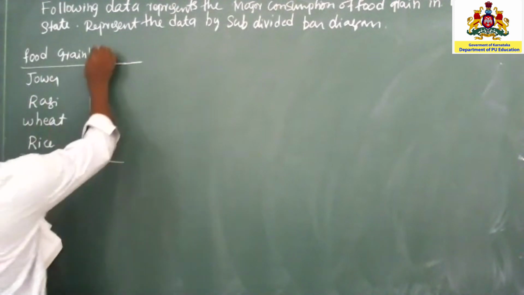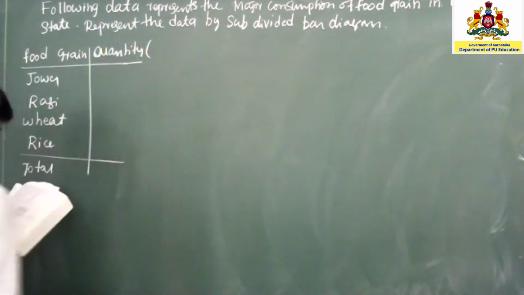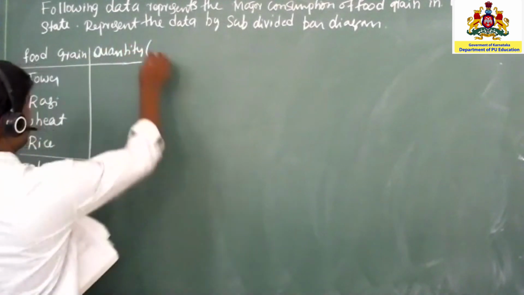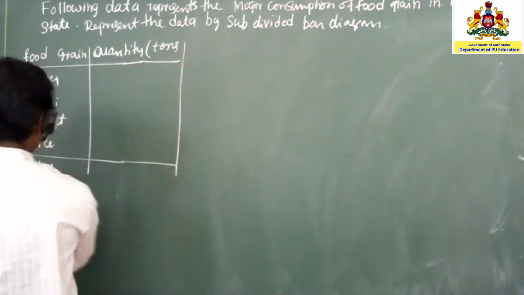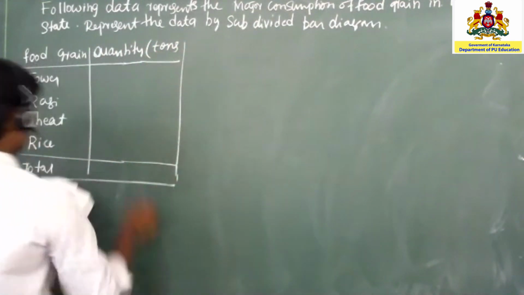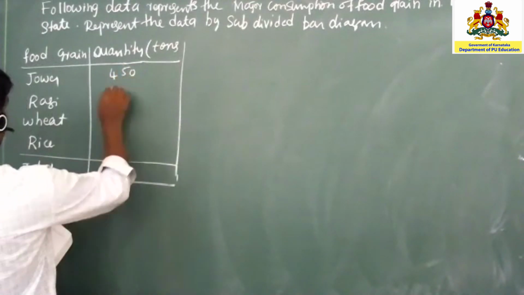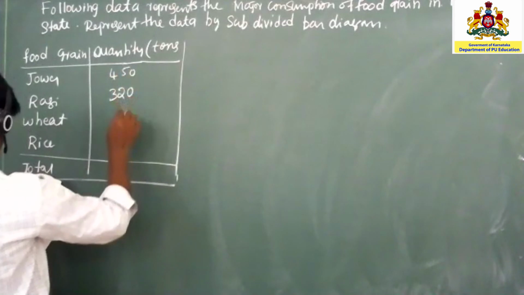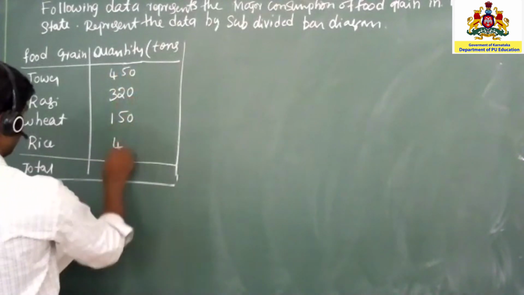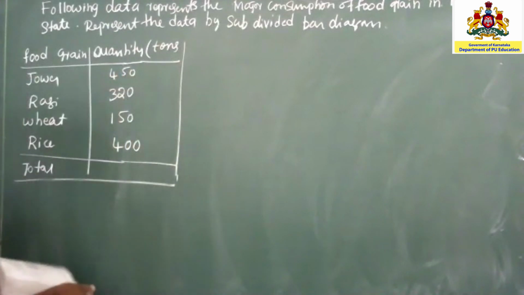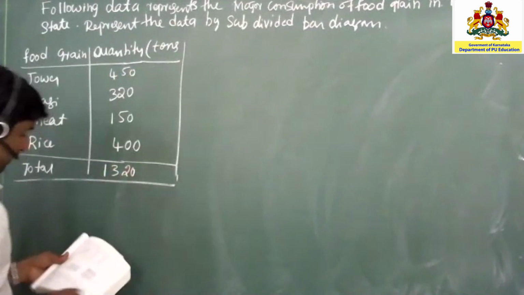Here the quantity consumed is in tons. The Jowar value is 450. Ragi value is 320, then 150 and 400. And the sum of these values is 1320.